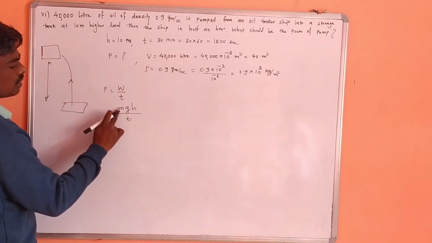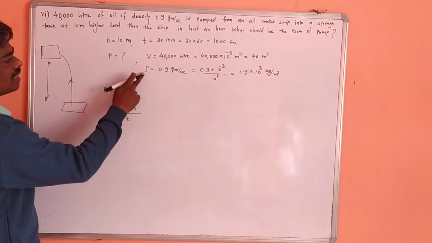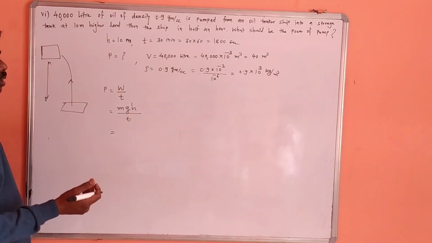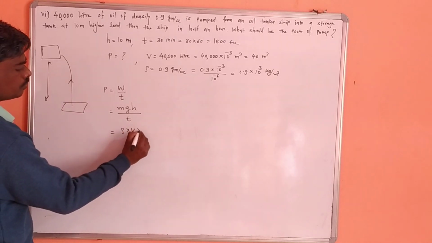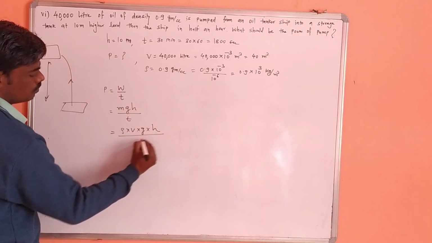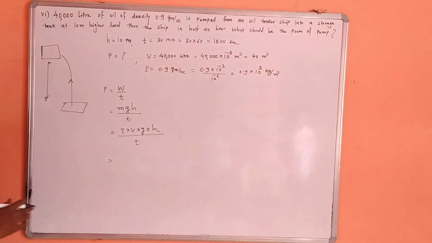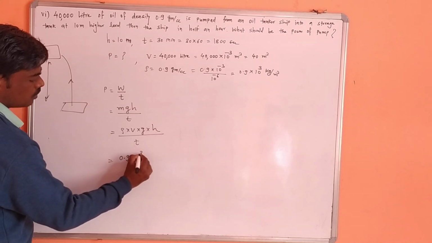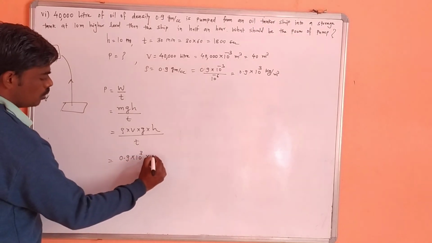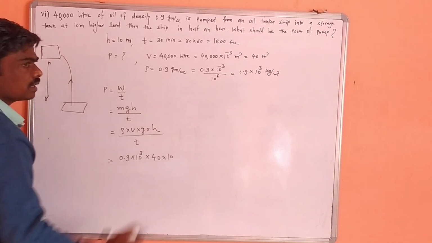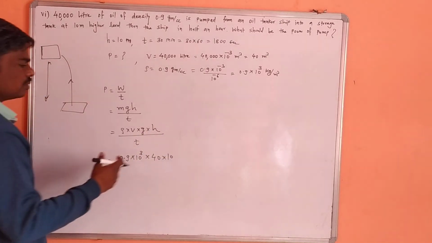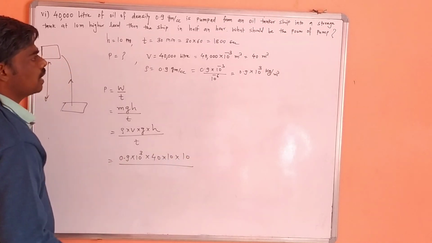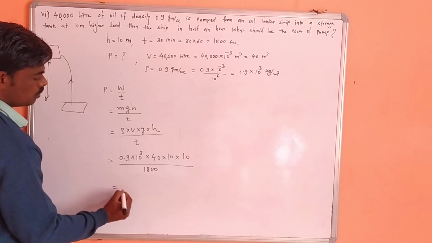So this potential energy is nothing but mgh formula. Work is nothing but here mgh. So mass is not given to you, but density and volume, these two terms are given to you. So density is equal to mass upon volume, therefore mass is equal to density into volume. So simply multiplication of all these four terms. Rho density 0.9 into 10 raised to power 3, volume 40, G consider 10 instead of 9.8 for our simplicity, then height again 10, and time interval it becomes 1800.